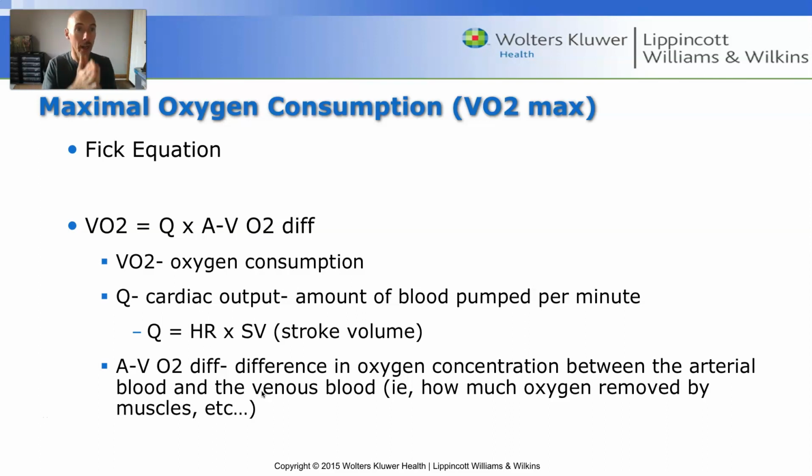So the greater the difference, that means the muscles are extracting more oxygen, right? So we can reformulate this equation for VO2 max and just say VO2 max equals Q max times a-vO2 diff max. So if you're at your maximal level of blood exiting the heart per minute, you're maximally extracting oxygen from the blood, that's going to reflect what your aerobic capacity or your VO2 max actually is, okay?